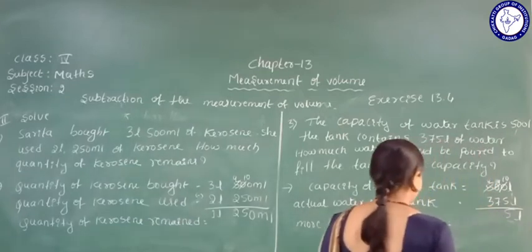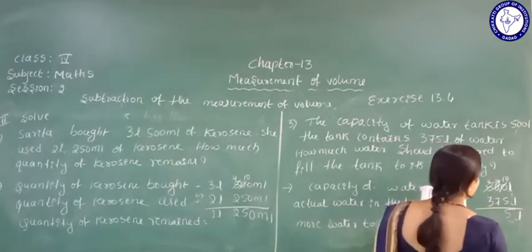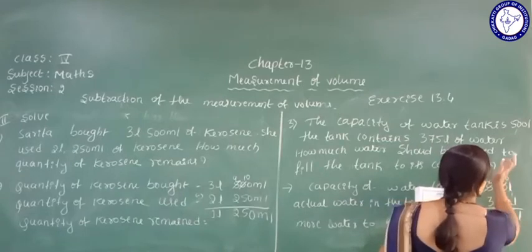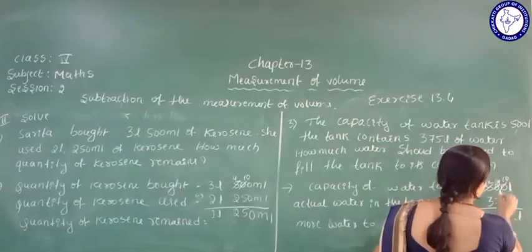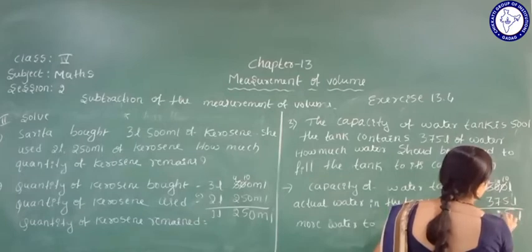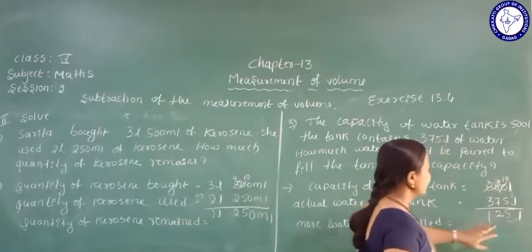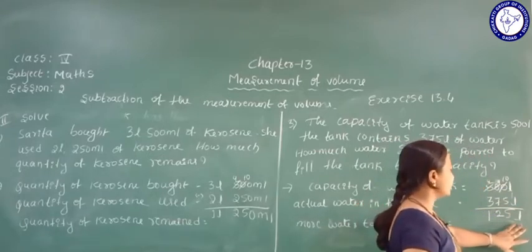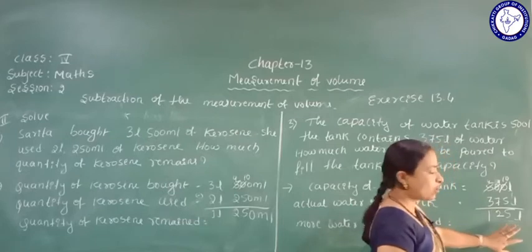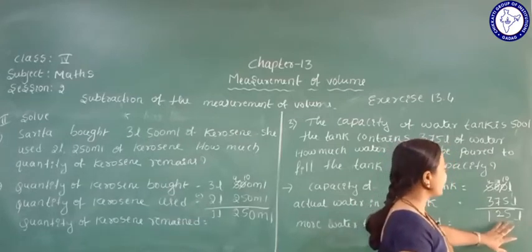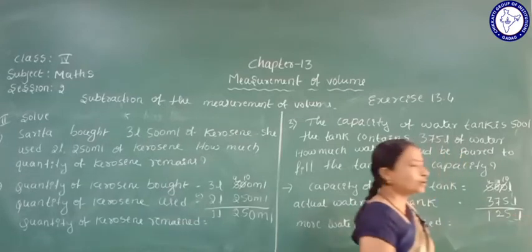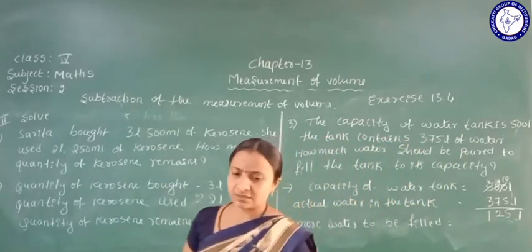Next, 9 minus 7 is, yes, 2. 4 minus 3 is 1. So it needs 125 liter to fill the tank. Yes, okay.